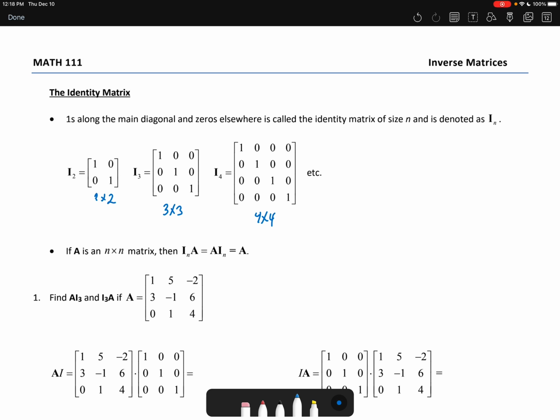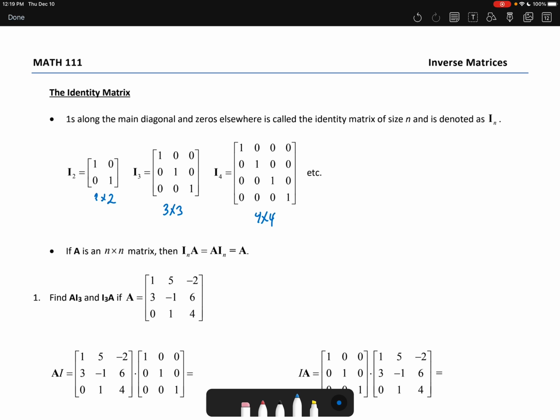The deal with the identity matrix is that you can multiply it on either side of a square matrix and get that original matrix back. And we know that in general, multiplication is not commutative. So in general, when you multiply on one side, you don't get the same thing as when you multiply on the other side.